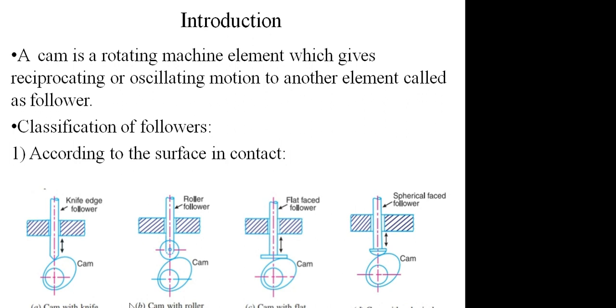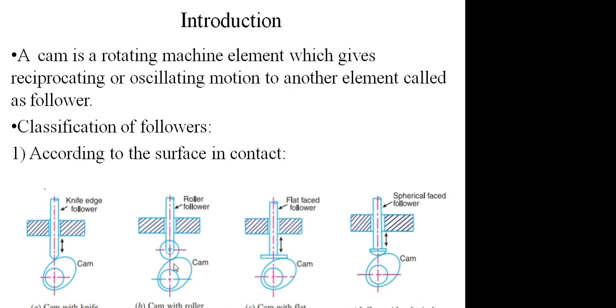The second type of follower under the category according to surface in contact is the roller follower. So this is a cam, and at the end of the follower a roller is provided. Because of the rolling action of this roller, the wear between cam and follower is reduced.